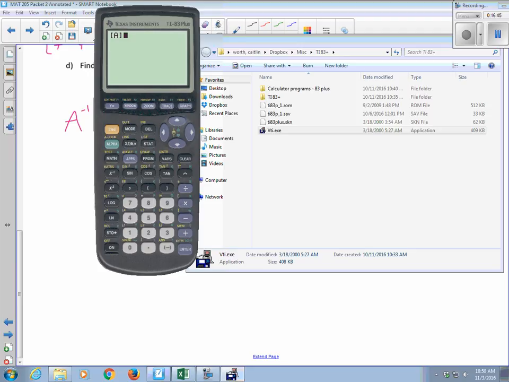This x to the -1 button will give you the inverse of matrix A. And then I'll hit math, enter, enter, and it gives me the inverse matrix with fractions. You can change the decimals to fractions in a whole matrix by doing math, enter, enter. Yeah, it's handy.